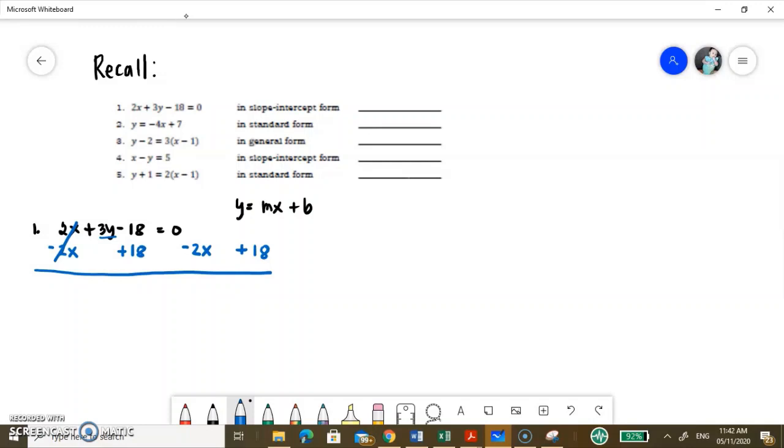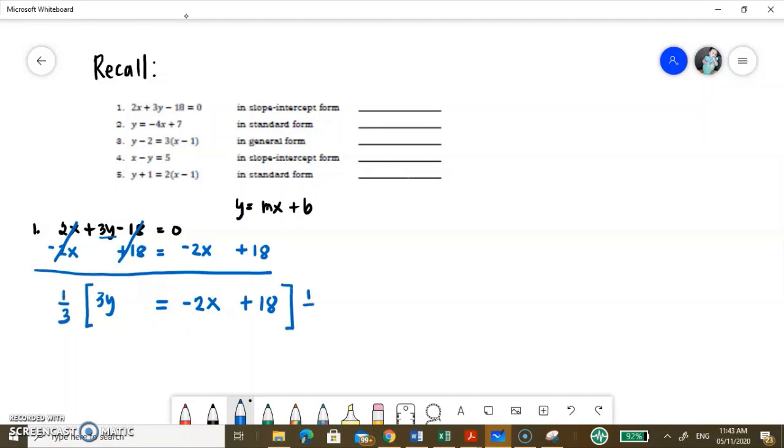Ayan. So, kopyahin lang yung natira. That's 3y. This would be 0, right? That would be equal to, ayan, kasi equal yan. Minus 2x plus 18. Okay, so equal yung dinagdag natin, so hindi nagbago yung value niya. Okay, and then to get rid of 3, you multiply 1/3 to both sides of your equation.